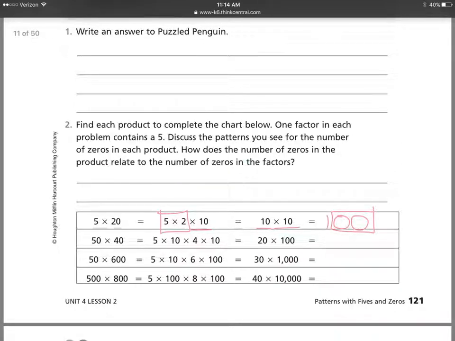And the first one, we see only 1 zero in one of the factors. There is only 1 zero total in both factors, yet in our answer, in our product, we have 2 zeros. And so you will find the remaining products and discover the pattern and write that pattern here. Finish those up and then come back for the remainder of the lesson.